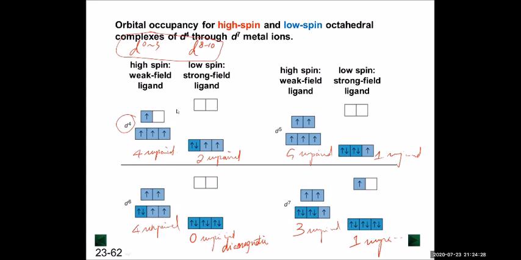For 8, 9 or 10 d electrons, there are too many d electrons, and in either case the lowest energy level will be completely filled, so there will be no difference between strong field and weak field, just because of too many electrons. So that is the difference between the weak field and strong field in creating the splitting pattern and magnetic properties.